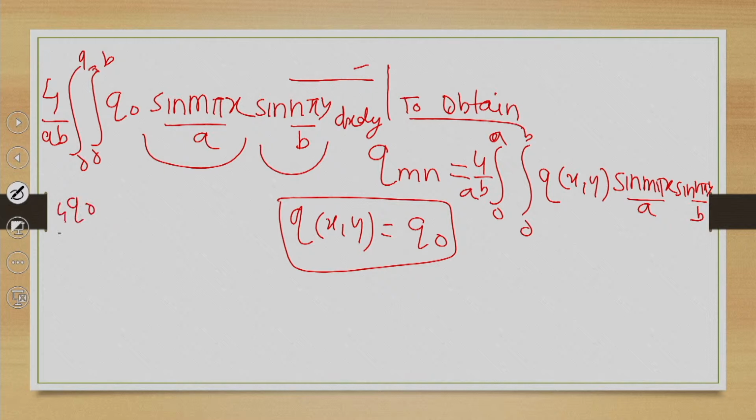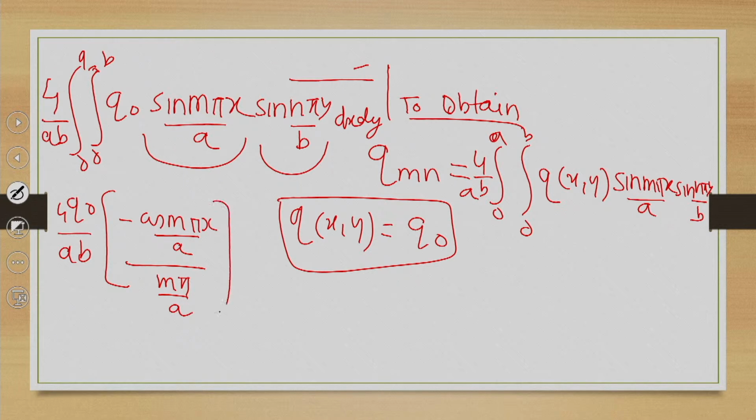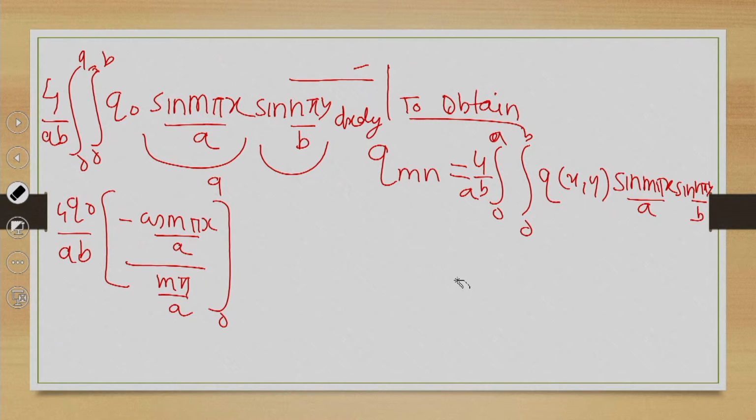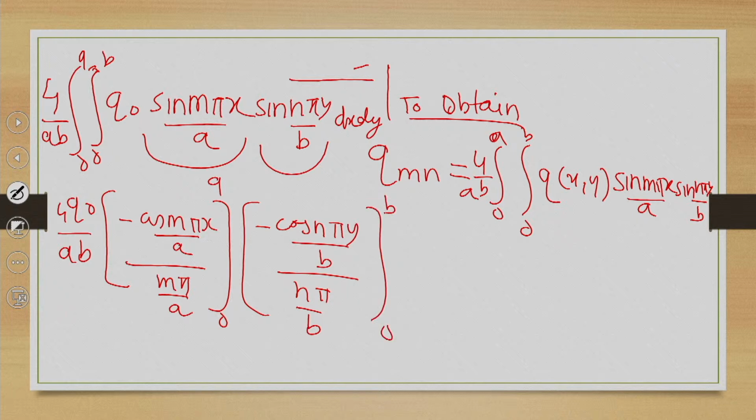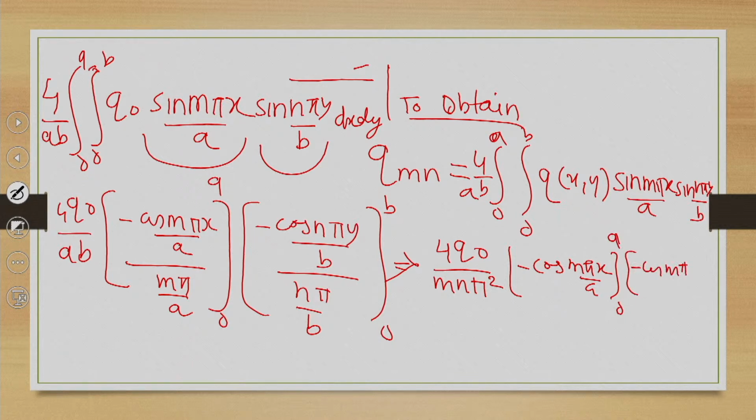Basically, Q naught times 4 over AB, and then sine integrates to minus cos m pi x by A upon m pi by A, from 0 to A, and minus cos n pi y by B upon n pi by B, from 0 to B. Further simplifying, A and B cancel out, so basically 4 Q naught over m n, and pi square will come up, with minus cos m pi x by A from 0 to A and minus cos n pi y by B from 0 to B.